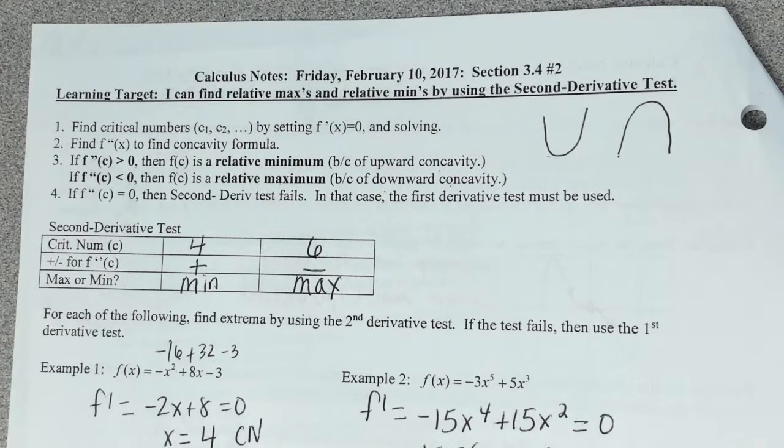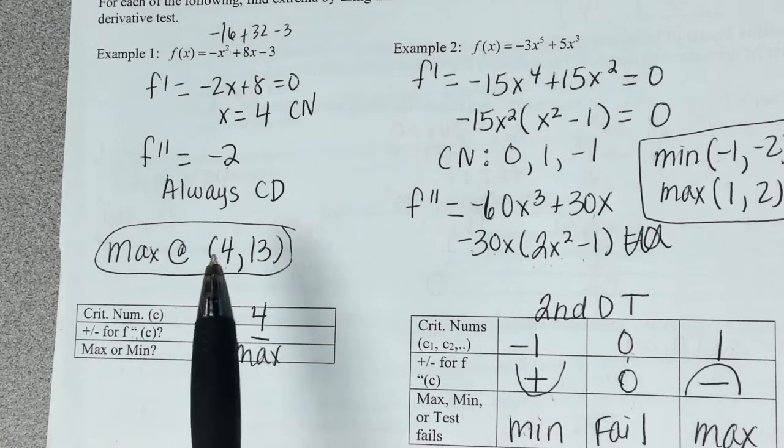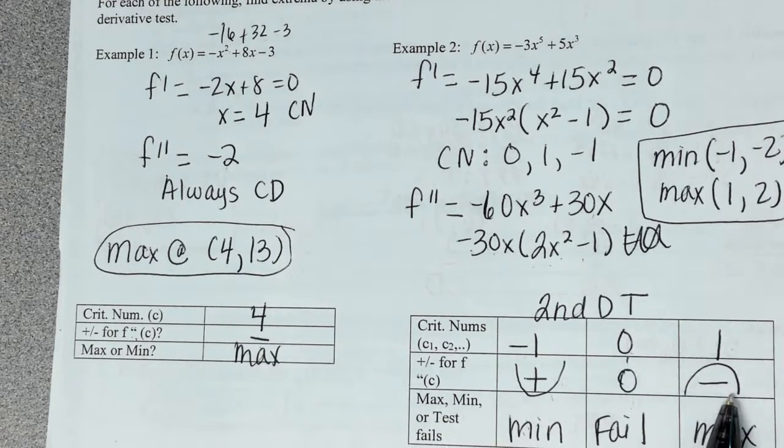So going back through the methods, just real quick, what do we find first? We have to find the first derivative, which will tell us the critical numbers. Then we also have to find the second derivative, right? We don't need intervals. Do you see the difference? When we did the first derivative test and the concavity test, we always used intervals, didn't we?